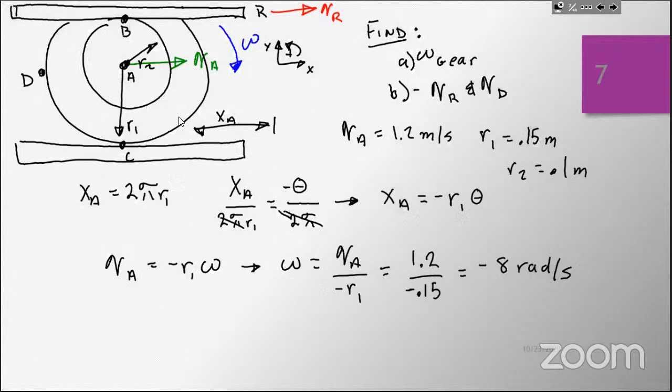R is a rigid body. So at this moment in time, if we were to take a snapshot and track the velocity of every single point in this rack, they would all be v sub r, including the one that touches point B, which means that the velocity at point B also has to be equal to v sub r. Okay?